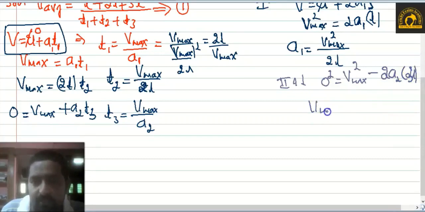That is, V maximum square is equal to 6 A2 L.